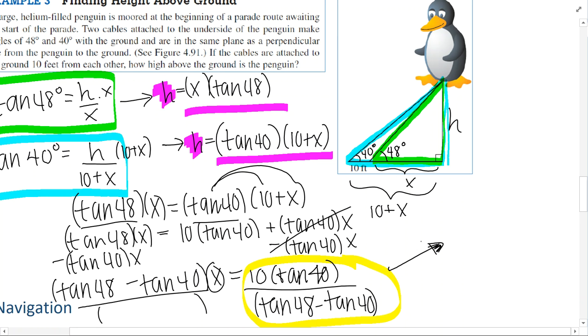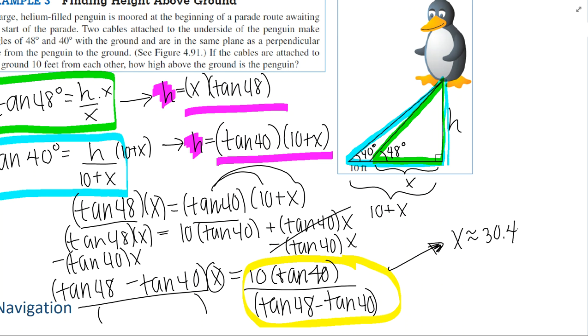The solution for x is about 30.4. Okay, but what I suggest you do is find this in your calculator, leave it in your calculator, don't actually round it and delete it from your calculator, just leave it in your calculator, okay?